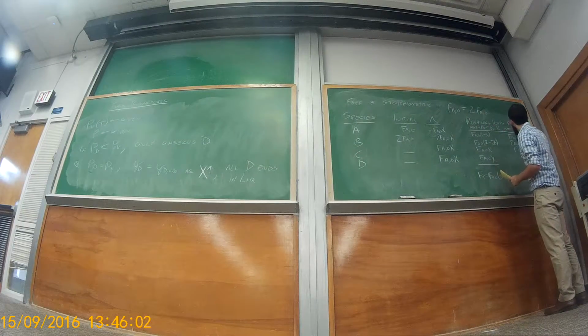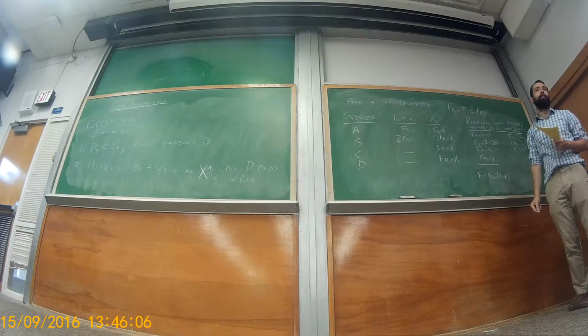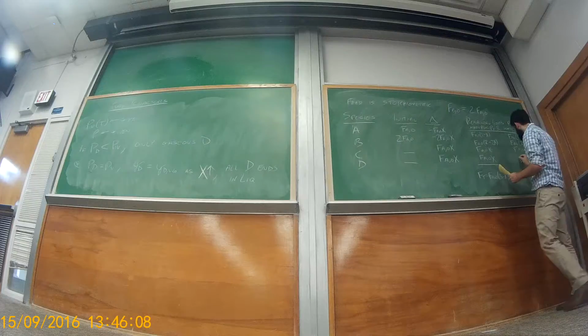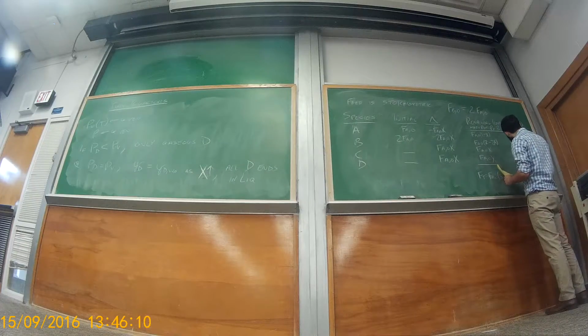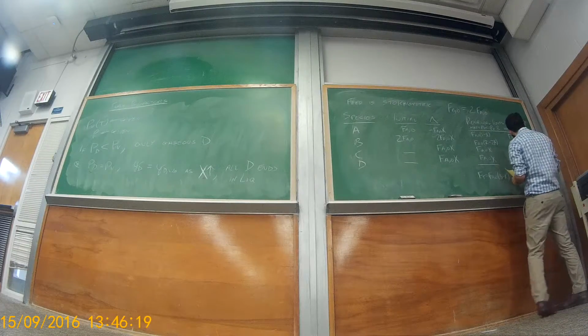Remember that when this is true, I know what the mole fraction of D is. Right? FD is equal to the mole fraction of D at equilibrium times the total flow.